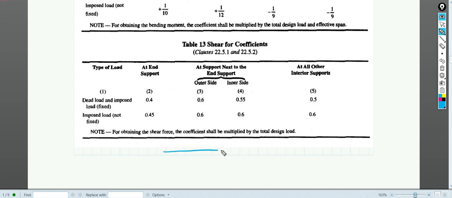Suppose for our problem, this is the case. So for dead load we have at the end support 0.4, that means here will be 0.4, here will be 0.4. Then at the support next to the end support, we are talking about this support right now.